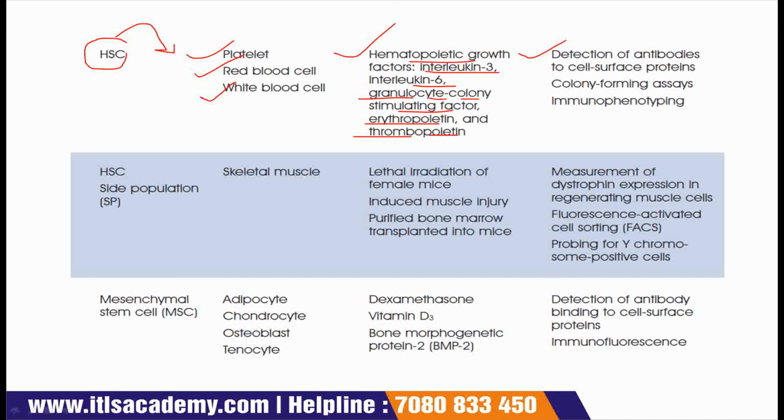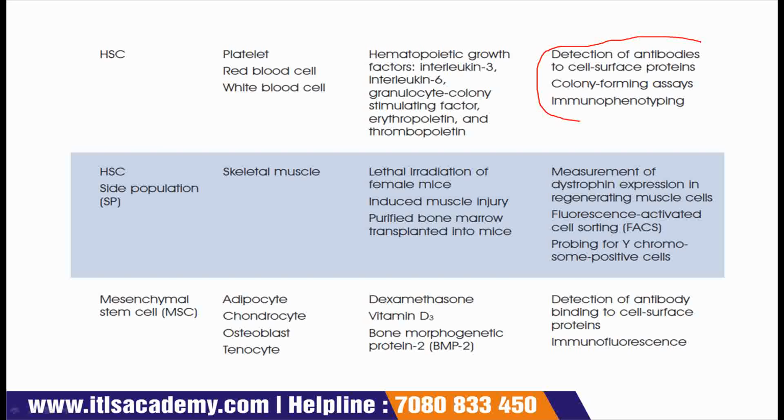Method of characterization will be detection of antibodies to cell surface proteins, colony forming assays, and immunophenotyping. You must remember all the methods of characterization and for what kind of cell these methods are used. These are very important.